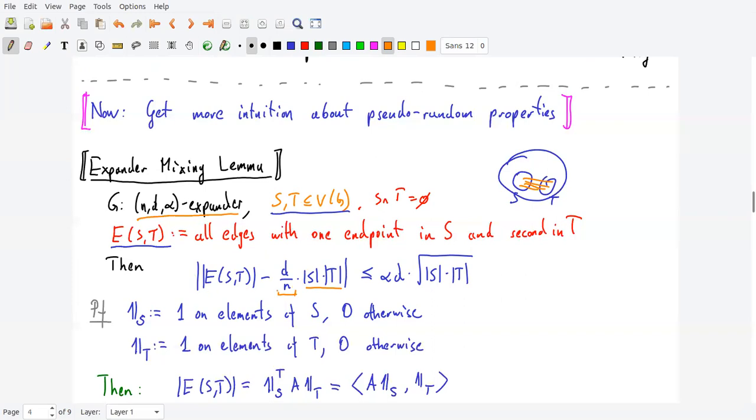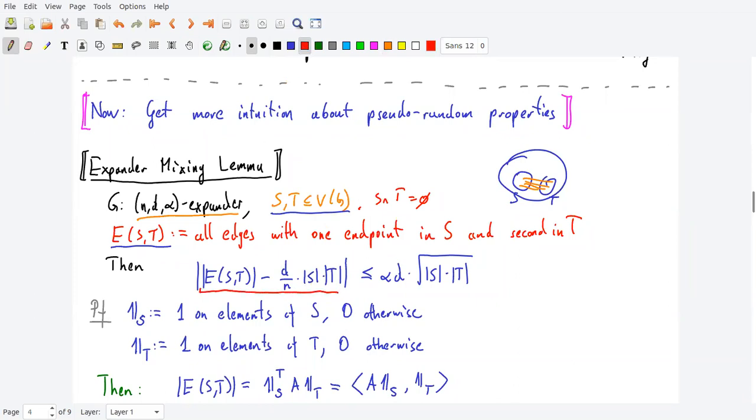So you expect d over n times |S| times |T| edges in expectation. And the claim is that if this is a good expander, then the actual number of edges for any pair of sets of vertices S and T will not differ too much from this quantity.